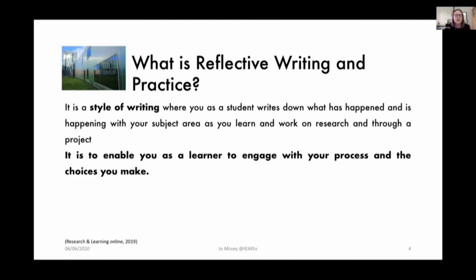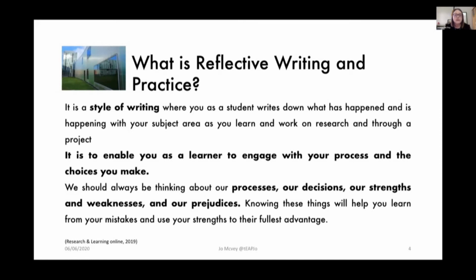It's to help you think about your processes and the choices you're making as you go through a project or your research. So it's really important to feel confident writing reflectively, and it's actually not as complex as it can sometimes seem.